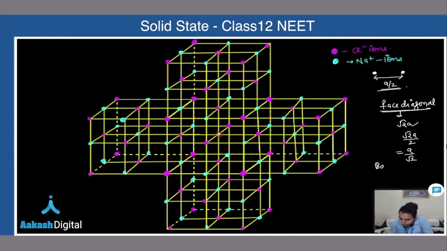The length of body diagonal is root 3a, so half of it would be root 3a by 2. Now which of them is smallest? a by 2, a by root 2 or root 3a by 2? A by 2 is the smallest.